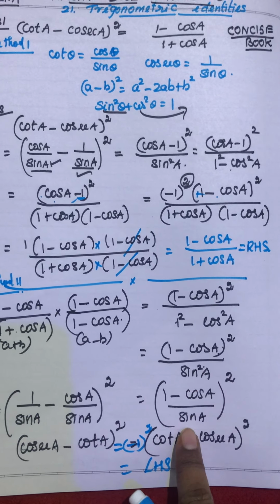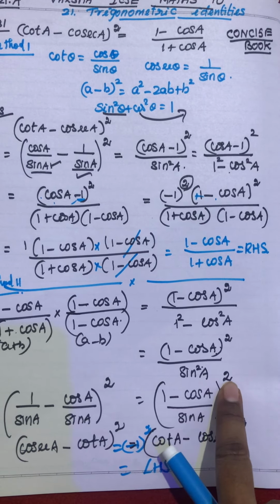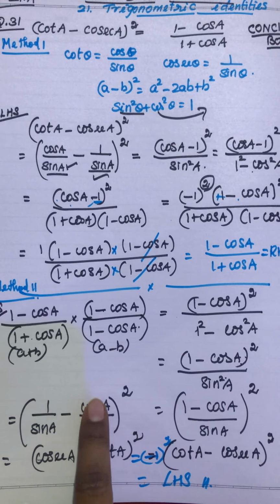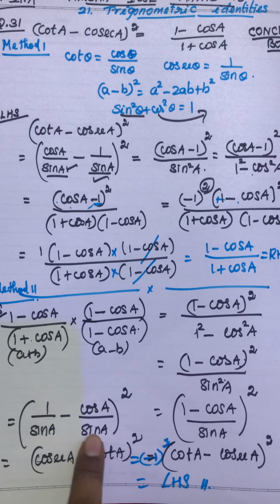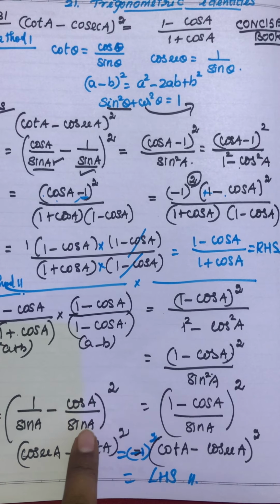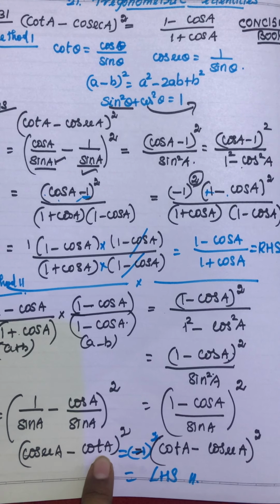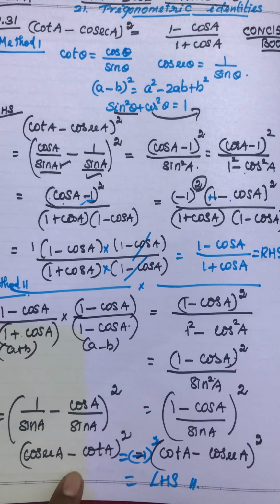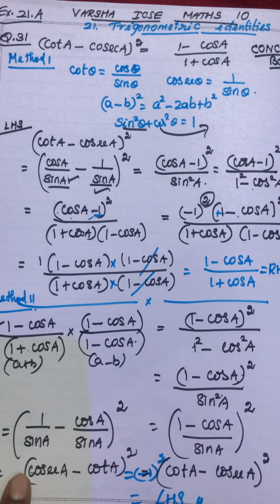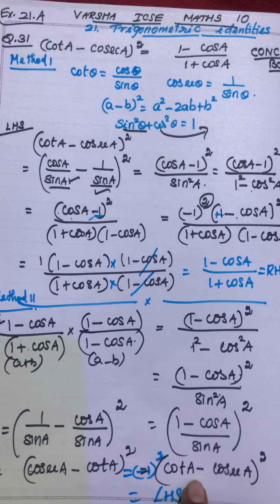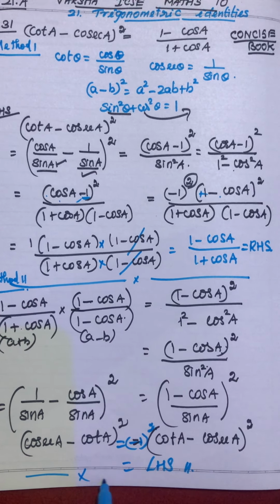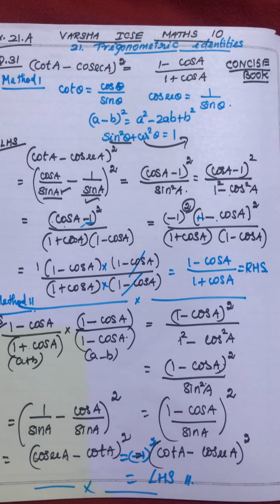We took the whole thing under one square, so we can separately write 1 by sin A minus cos A by sin A. 1 by sin A is cosec A, and cos by sin is cot A. But we still didn't get the LHS, so we take the minus outside, and we get (cot A minus cosec A) the whole square. So that is our LHS.